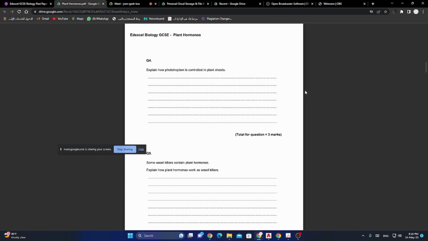It's again the same as the second question that we solved, but this time it's for 3 marks instead of 2, right?